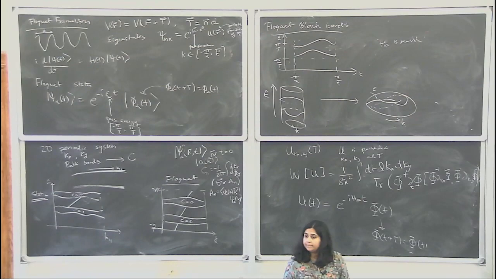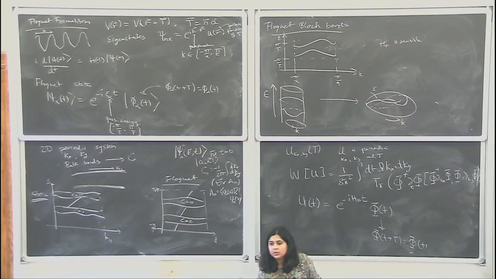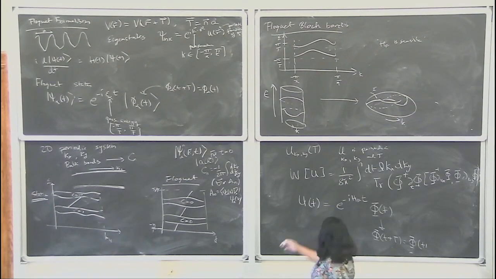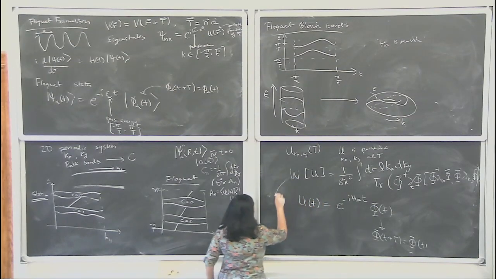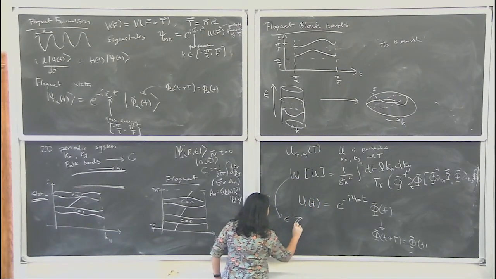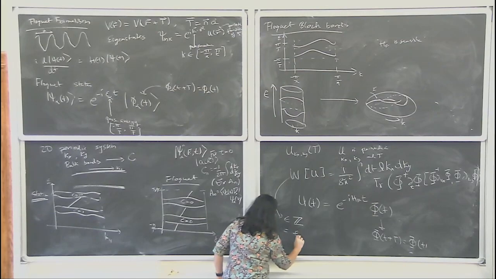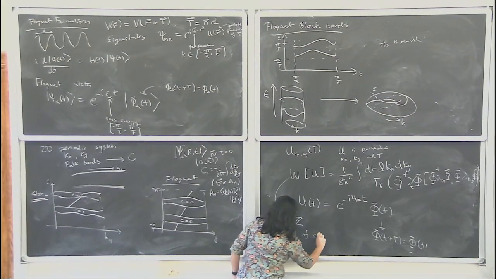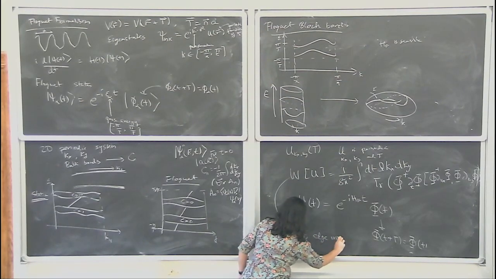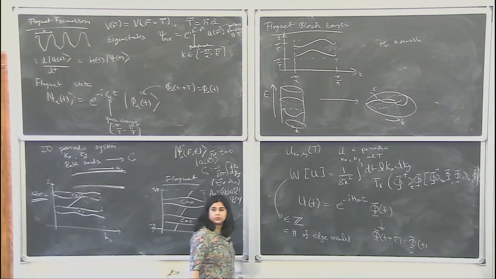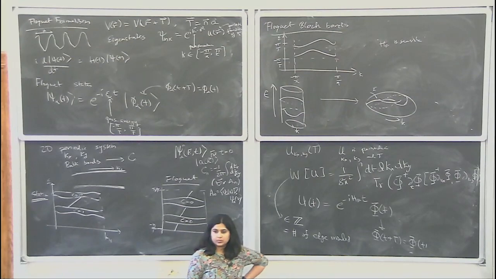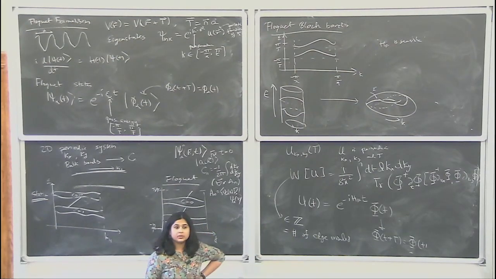Okay? This is a winding number. So this is an integer, and this ends up being equal to the number of edge modes. U is the time evolution operator. That's right.